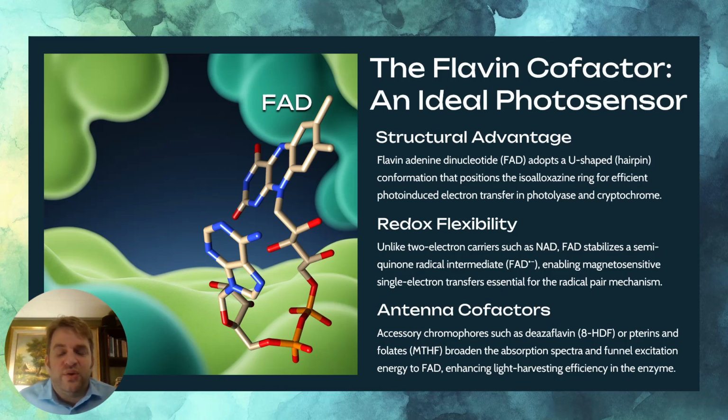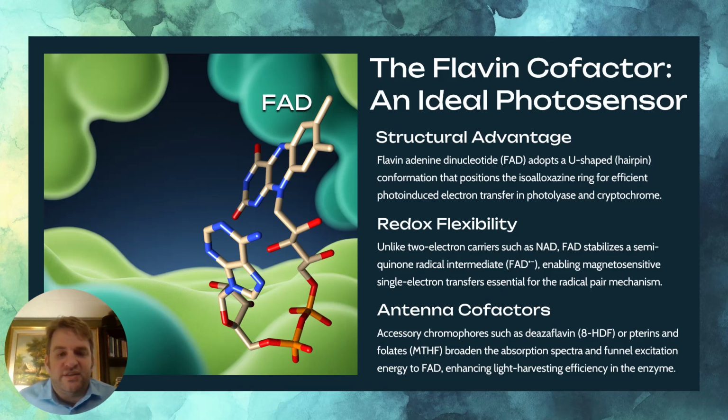So unlike two electron carriers such as NAD, that's nicotinamide adenine dinucleotide, FAD, Flavin adenine dinucleotide, stabilizes the semiquinone radical intermediate, enabling magnetosensitive single electron transfers that are essential for the operation of the radical pair mechanism that I described.